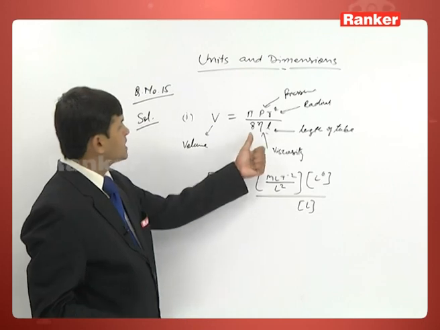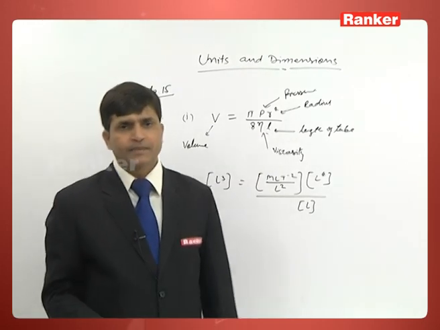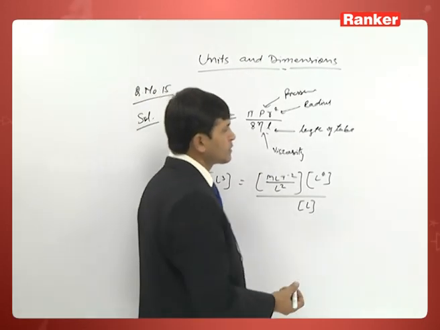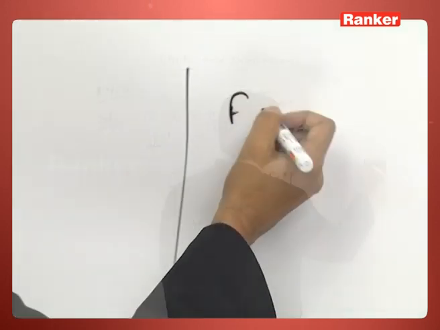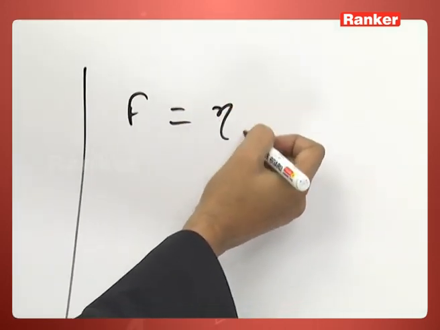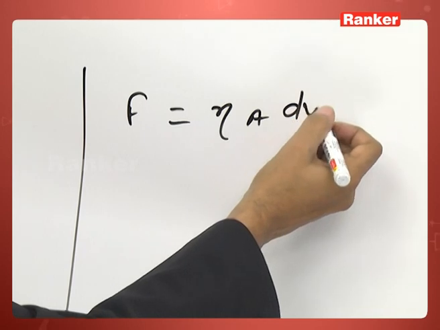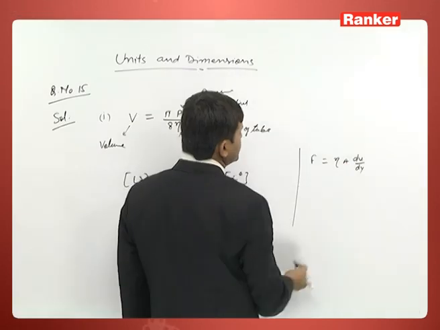Now dimension of viscosity. How to get dimension of viscosity? As we know, force F is equal to eta A dV by dy.